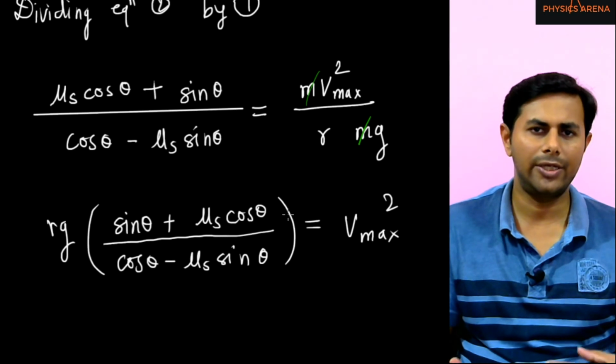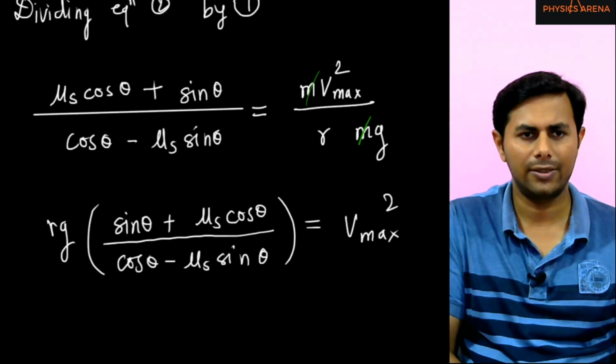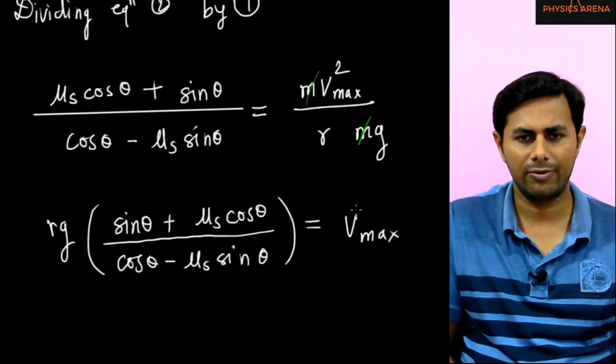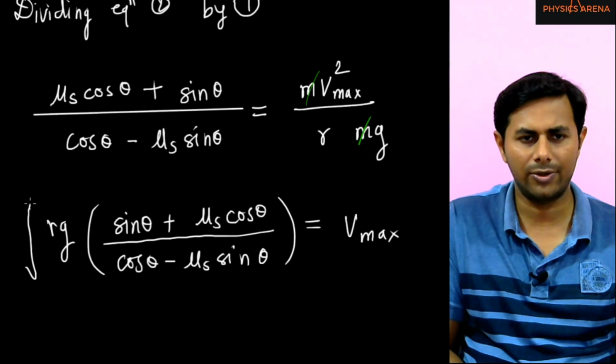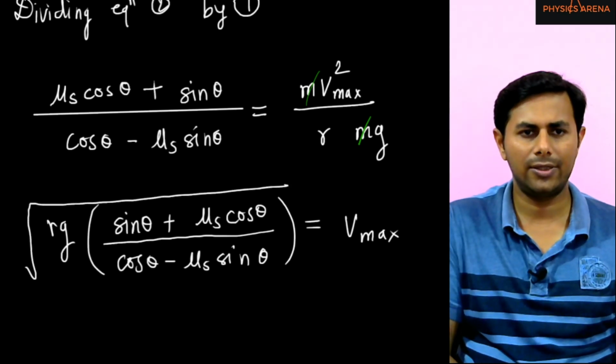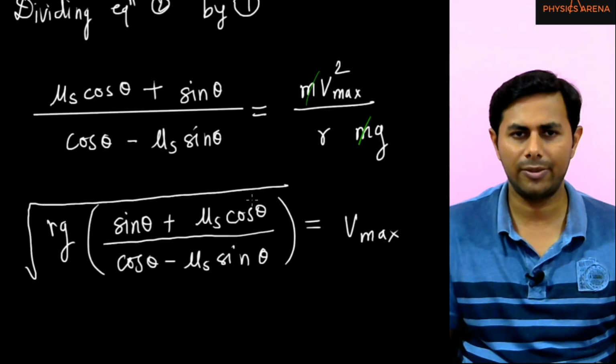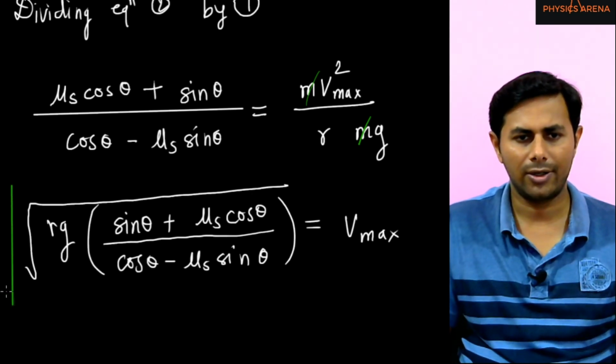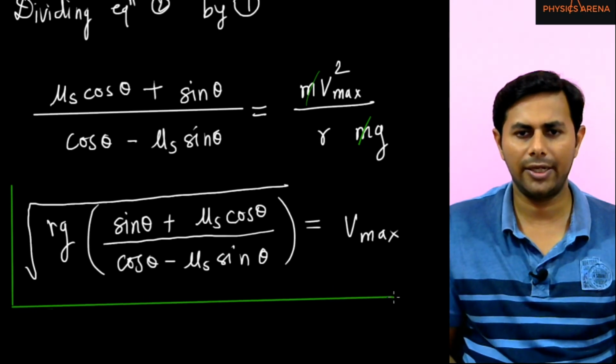If we take the square root on both sides, v max is equal to the square root of this term. So this is the maximum safety speed limit for a curved banked road. This is the exact formula.